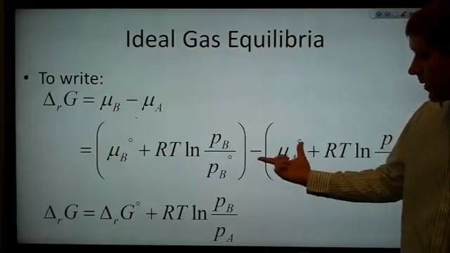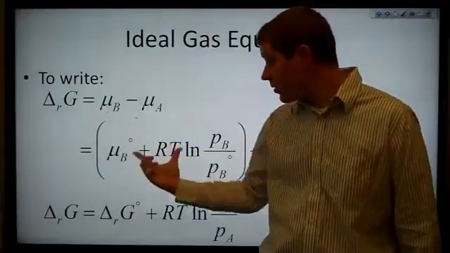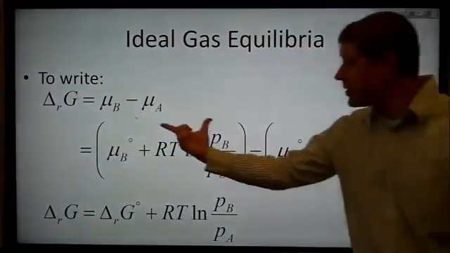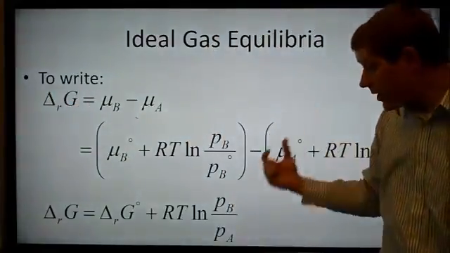And now we can do some rearranging here. The difference here is delta R G, the Gibbs energy of reaction.